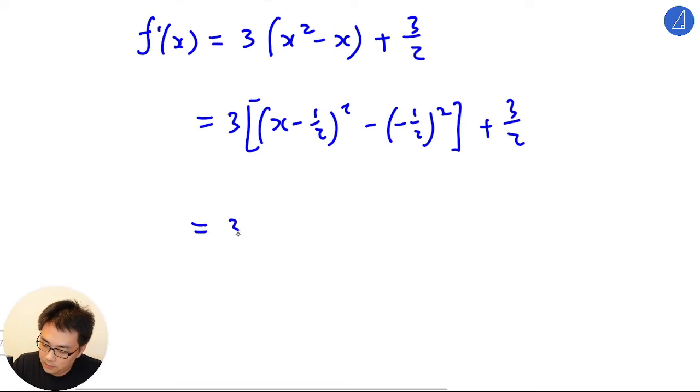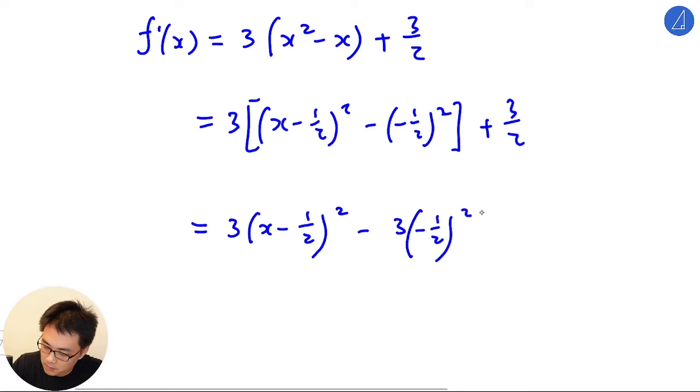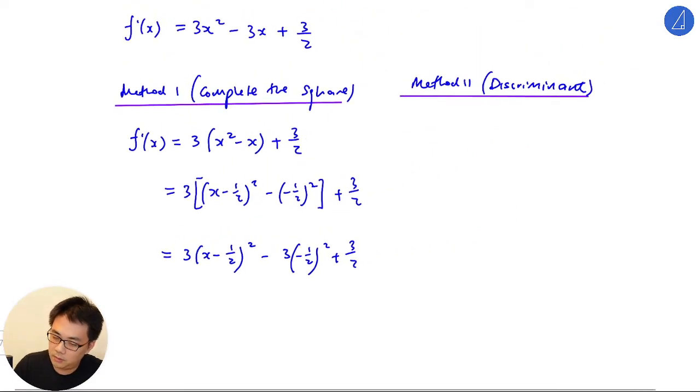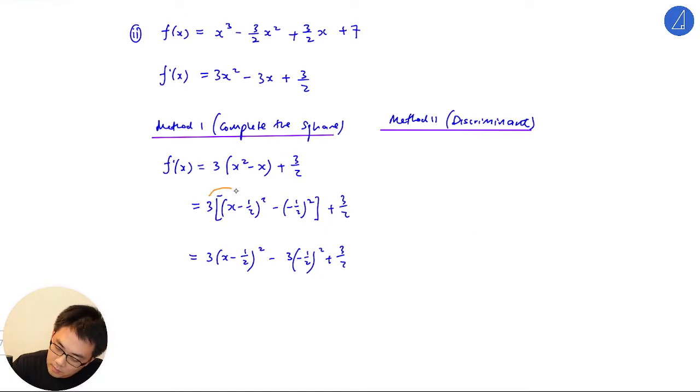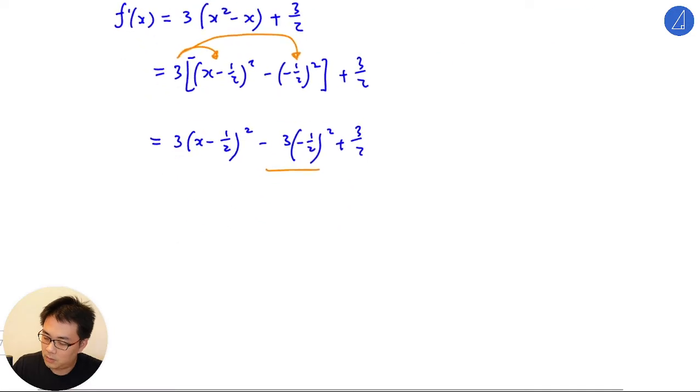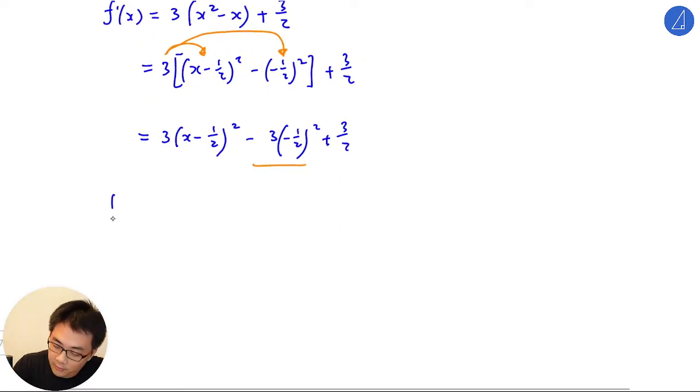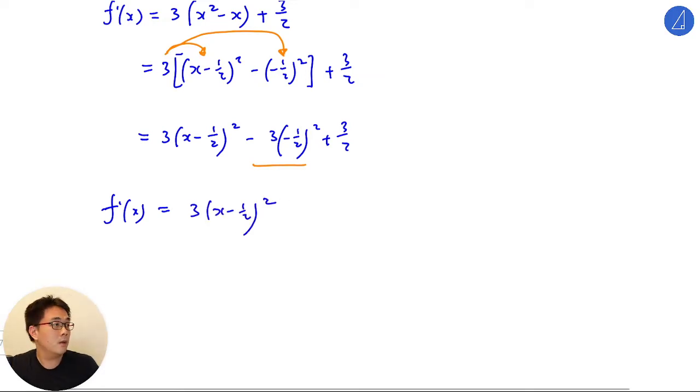Okay, just slowly. Then just key in calculator, should be fine. So f prime x is equal to 3 times (x minus half) squared plus 3 over 2 minus 3 over 4.